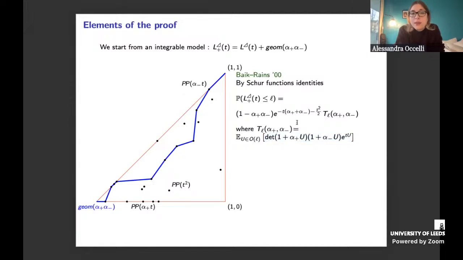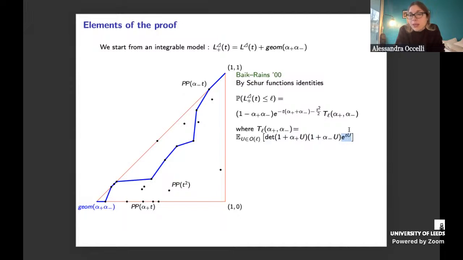There is a prefactor that comes from the geometric to Poisson limit from the partition function, and the expectation over the orthogonal group of the determinant of e to the t of u.